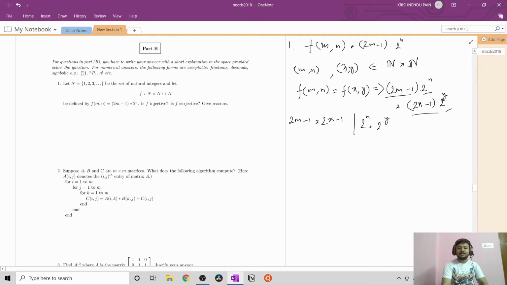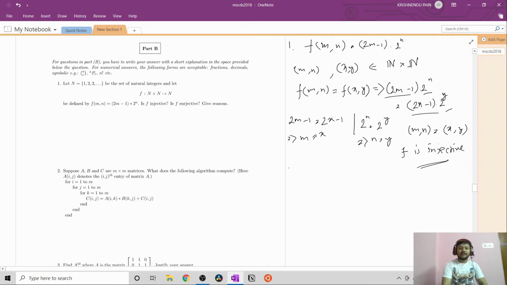The odd parts have to be equal and the even parts have to be equal. Then from this we get m equal to x, and from this we get n equal to y. So we are getting (m,n) equal to (x,y). So f is injective. Now we have to see whether f is surjective or not.